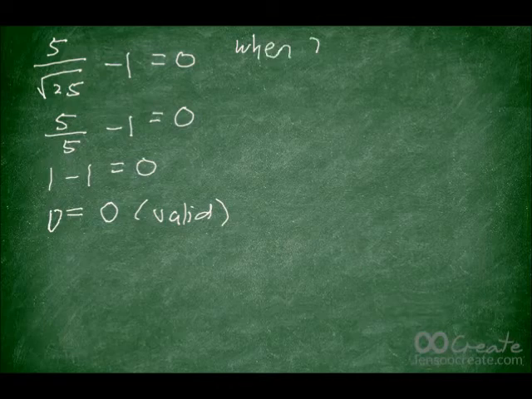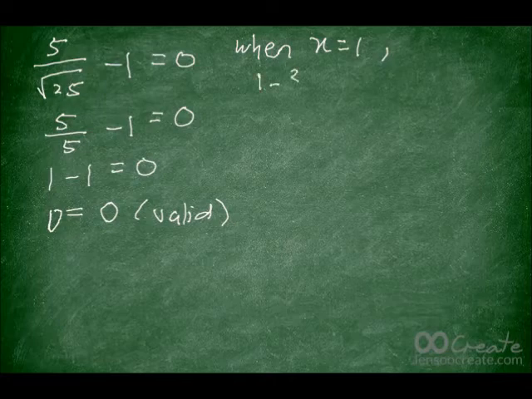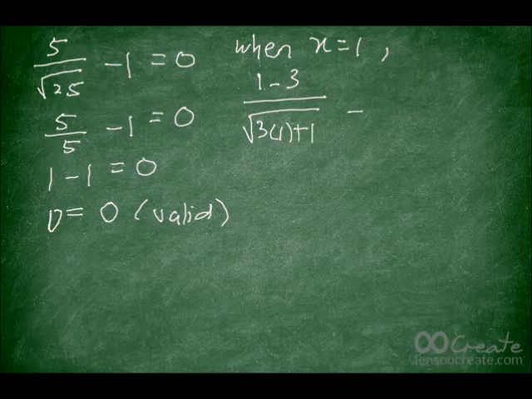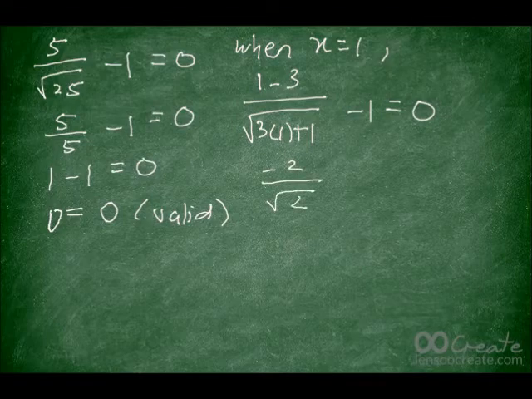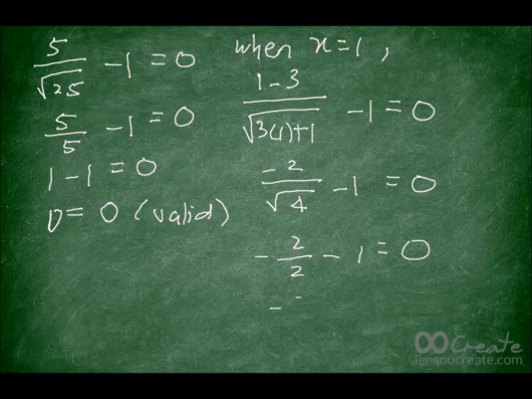When x is equals to 1, we will get, since the right hand side and the left hand side are having different values, therefore it is invalid.